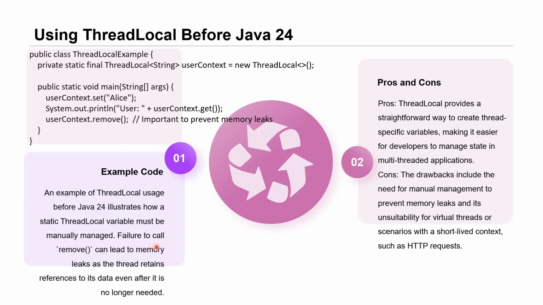It's basically a failure to call remove. If we fail to call this remove, it can lead to memory leaks, and the thread retains a reference to its data even after it is no longer needed, right? So if we forget to write this statement, then it will cause a memory leak. Here are certain advantages and disadvantages.